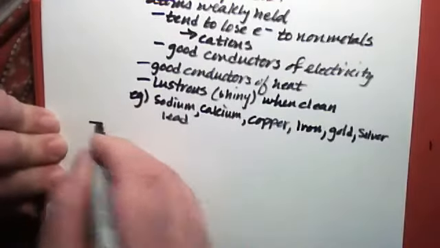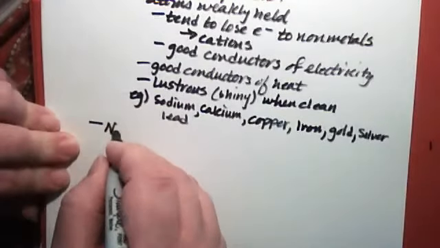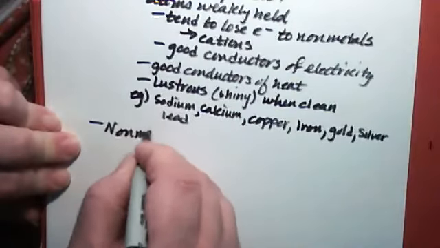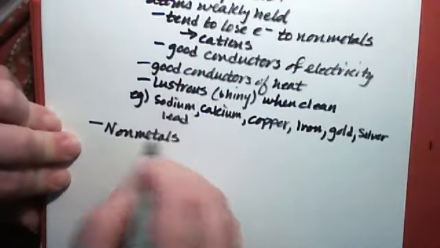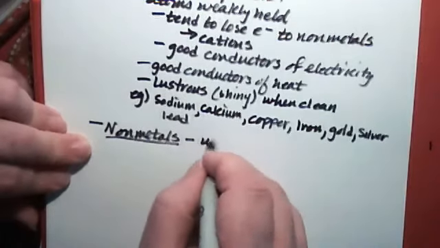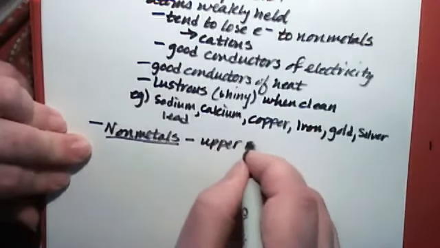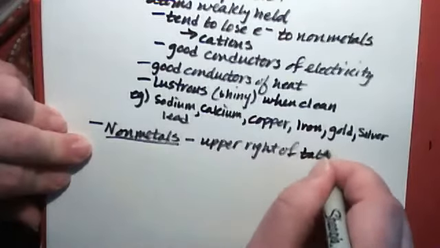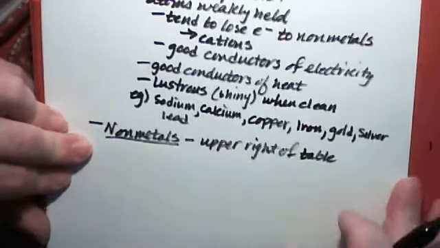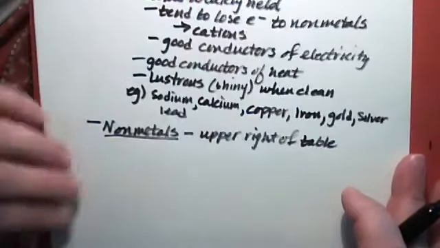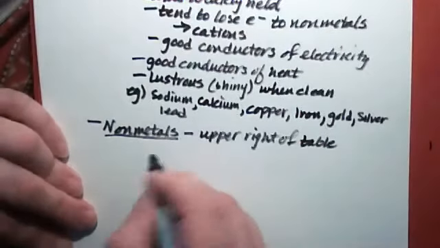So if metals is the first category, you can probably guess the next will likely be nonmetals. Nonmetals are in the upper right of the periodic table, and they're a small minority among the elements.